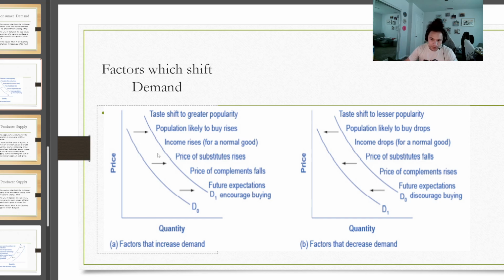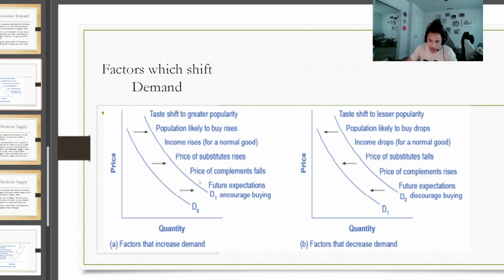And so these are all complex factors that can play into a ton of different examples. Things like the price of a substitute rising. You can imagine if you have two different products that we view as substitutes. So for example, if you have Nike shoes and Adidas shoes, we generally treat them as fairly similar products, and we might treat those as substitutes.